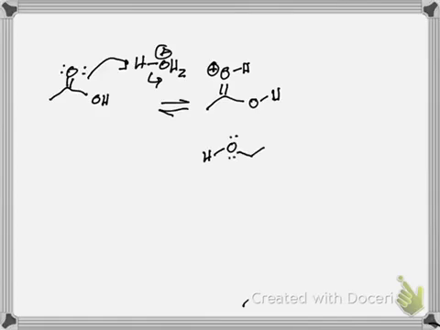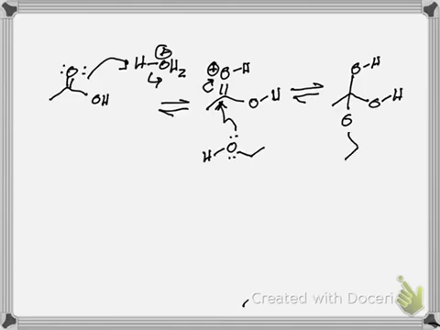Now in comes your friend and mine, the alcohol, which is going to nucleophilically attack that carbon and open up the carbon-oxygen pi bond, which now gives you this as your next intermediate. All right.